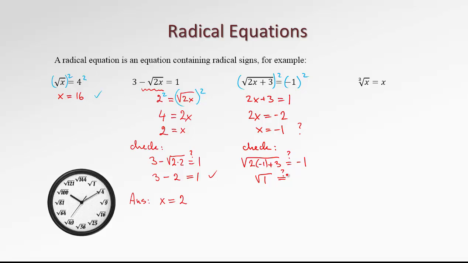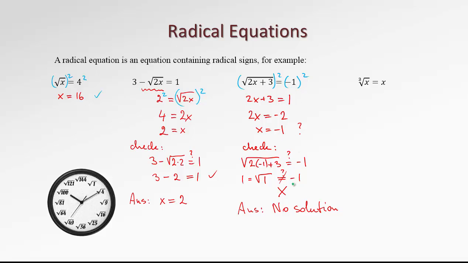Is that equal to negative 1? Of course it's not, because this side is equal to 1 and that side is equal to negative 1, so they are not equal. That means that our possible root is actually not a true root for the original equation. Therefore, the final answer in this case would be no solution, because negative 1 doesn't work.